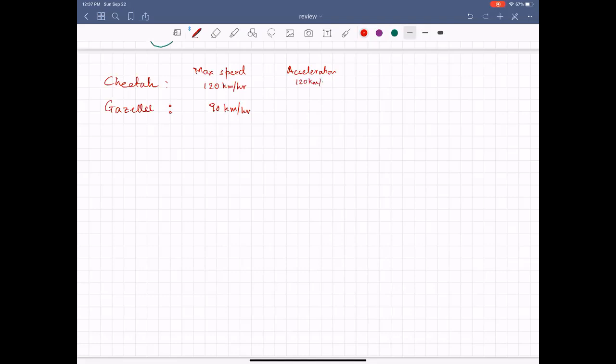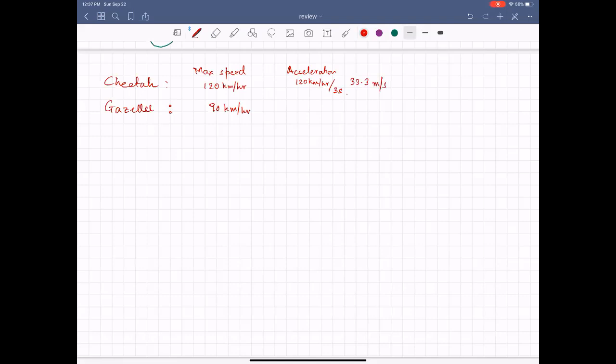So that's 120 kilometers per hour divided by a unit conversion. I have to convert all of these units. That is 33.3 meters per second.